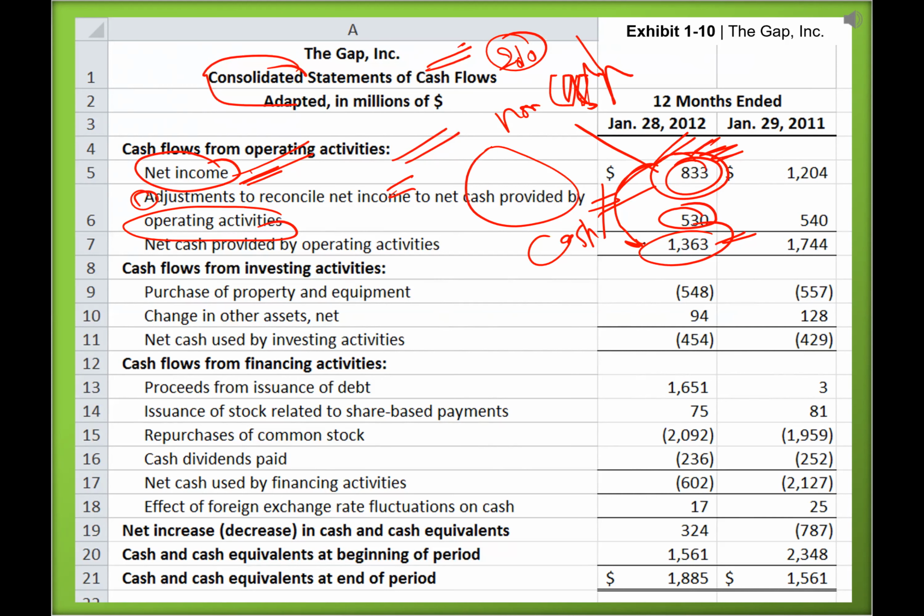So don't get confused between the terms profit and cash flow from operation. Okay, cash is something else, profit is something else. Investing, so you see, you purchase plant and equipment and you sell some assets, it's a change in assets. See, it's a negative figure because you purchase more than you sell. Cash flow from investment, financing activities.